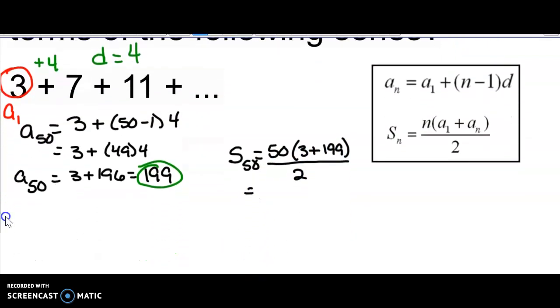Well, what's half of 50? I can take half of 50, and that's going to give me 25. If I add 3 to 199, I get 202. And if I multiply that times 25, I get 5,050. You can plug it into your calculator or Desmos just like that, and you'll still get your same answer.